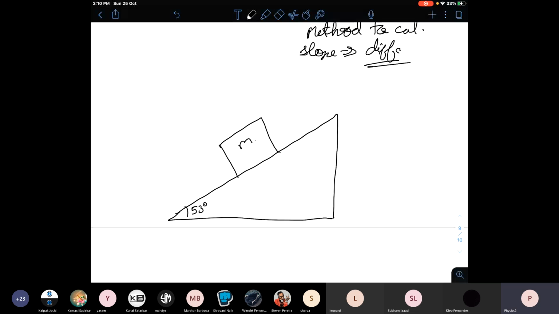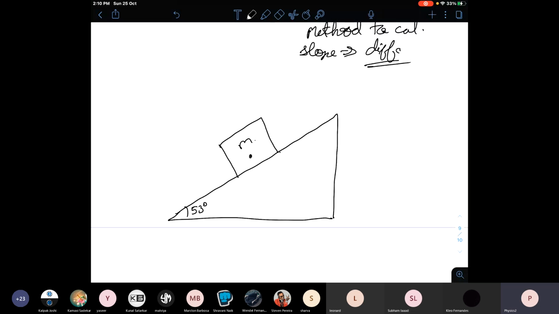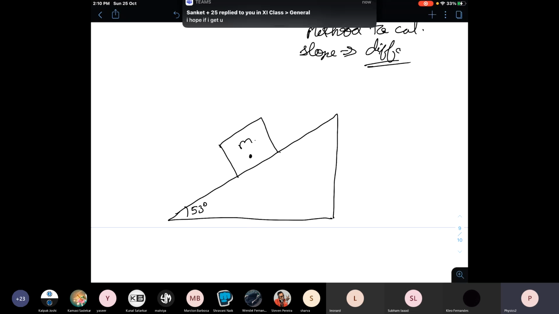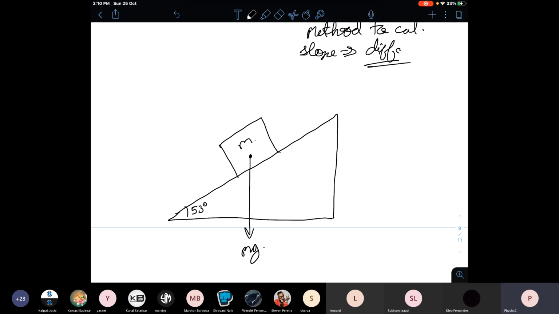So first of all, you need to find how this angle 53 came. This 53 was given to us. Now you know that mg is acting vertically downward. What we do is we take these two directions as our axes.